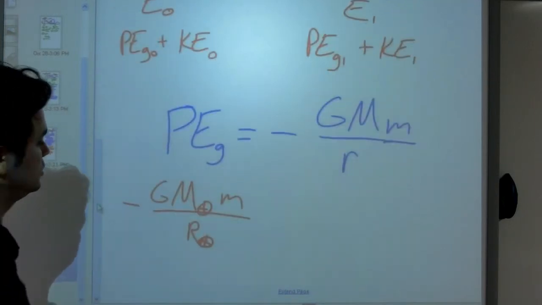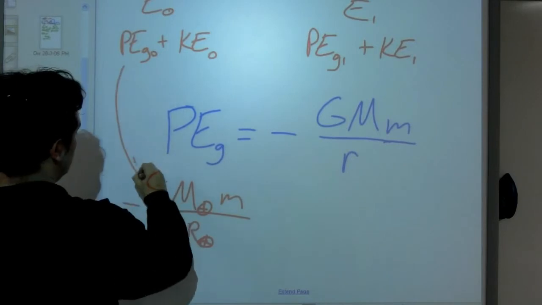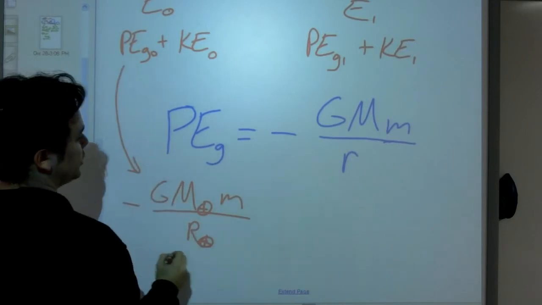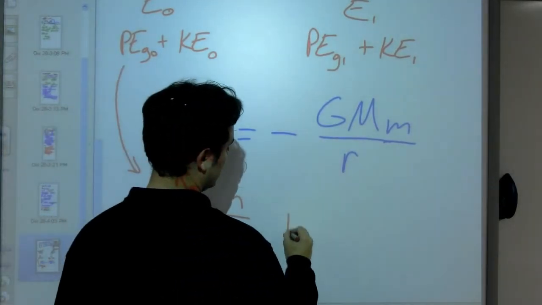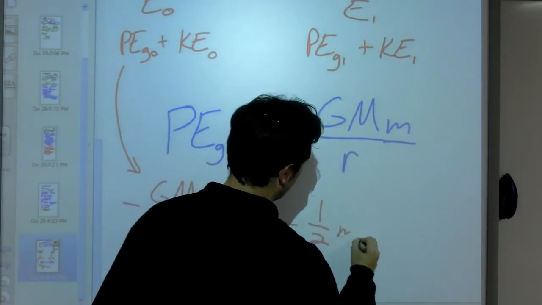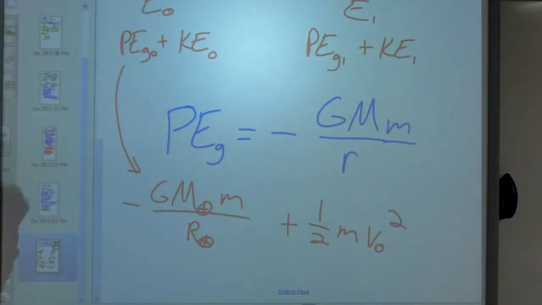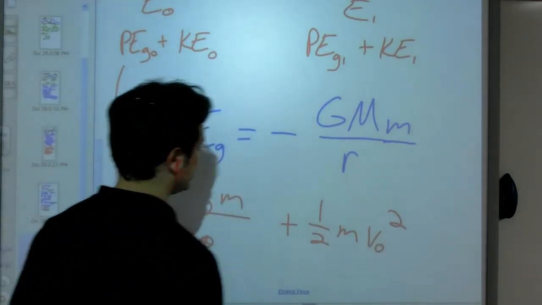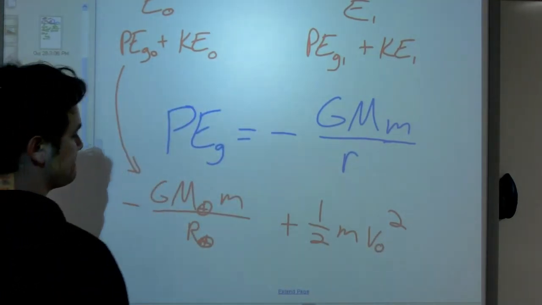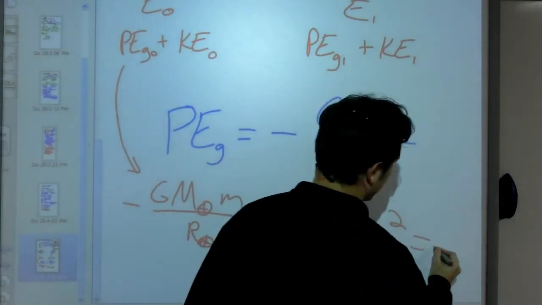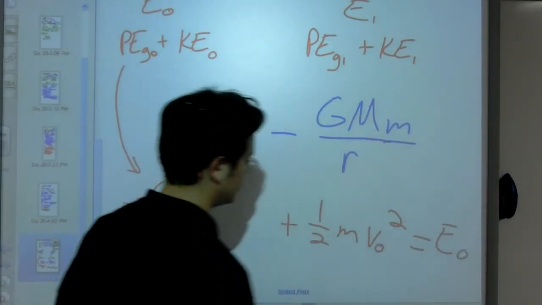All right? So this is our initial potential energy. Our initial kinetic energy plus 1/2 mv0 squared. And we want to find this v0. Okay? All of this together is my initial energy.